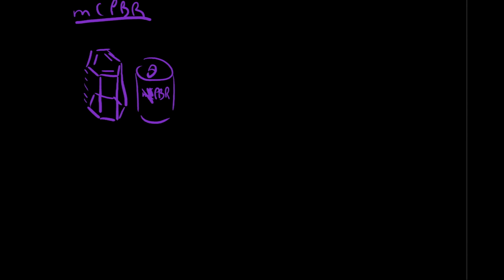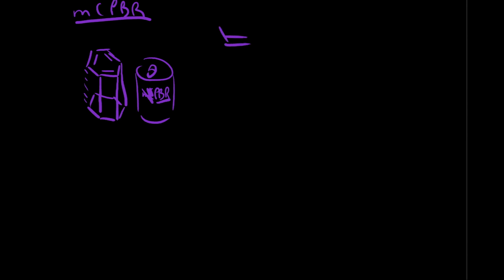mCPBA is really just PBR. And so once you realize that, this reaction becomes a whole lot easier, and the mechanism itself becomes very simple. Let's discuss the mechanism now.